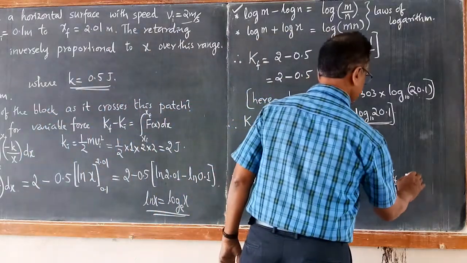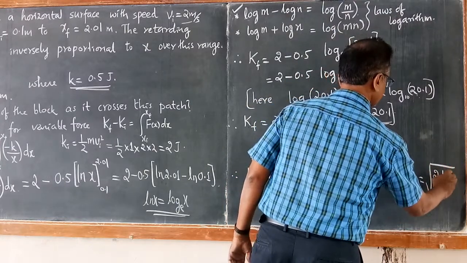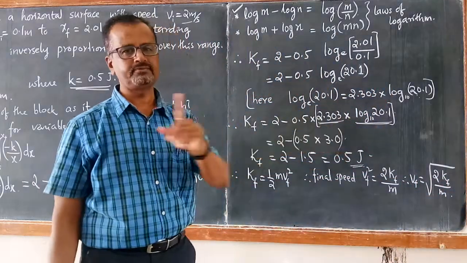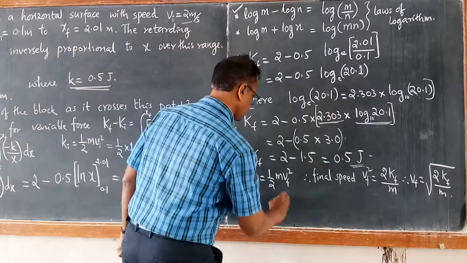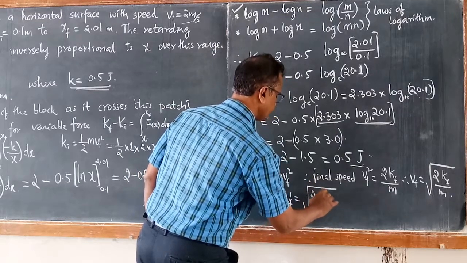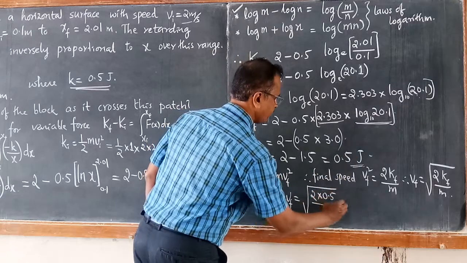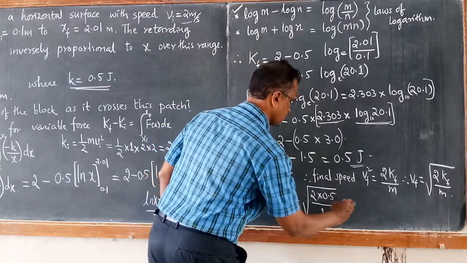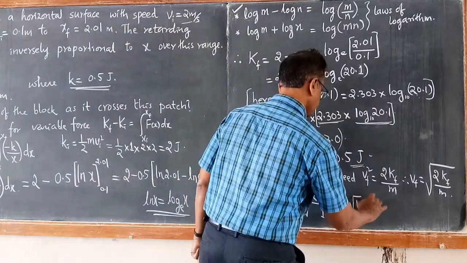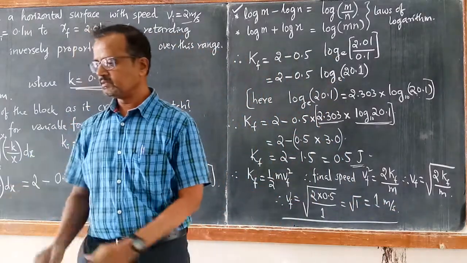So therefore, Vf is equal to under root 2 Kf divided by m. We have the value of Kf, we have the value of m. Therefore, Vf is equal to square root of 2 into 0.5, and mass is 1 kg. So half of 2 is 1. So it becomes square root of 1, that is 1 meter per second. So this is how we get the result, 1 meter per second.